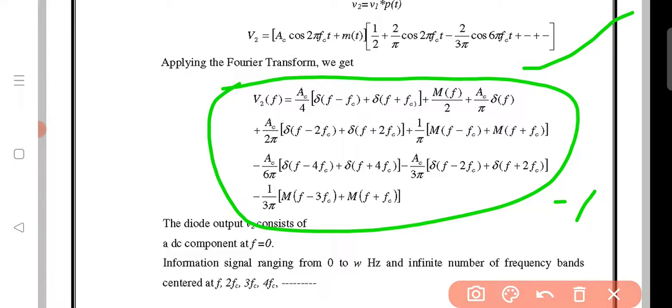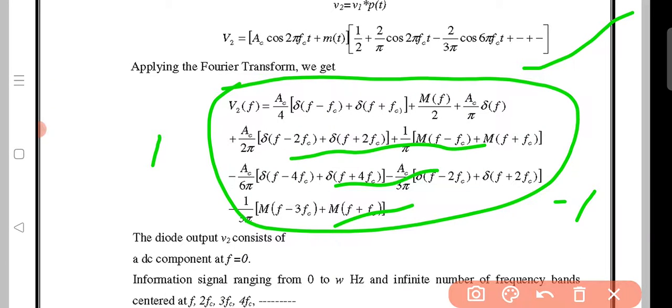In this equation we observe some higher order components present. Those higher order components are eliminated by the filter section, but observe some terms carefully. The terms are very near to our standard AM wave. Our standard AM wave consists of the carrier Ac cos omega ct plus the two side bands, at fc minus fm and fc plus fm.